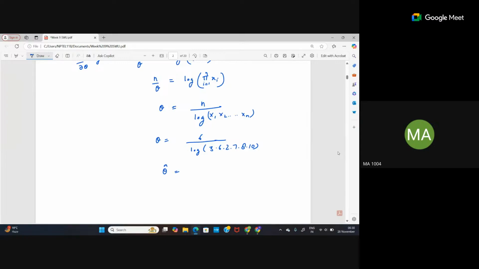So this will be the maximum likelihood estimate for theta. Whatever value comes here will be theta cap.